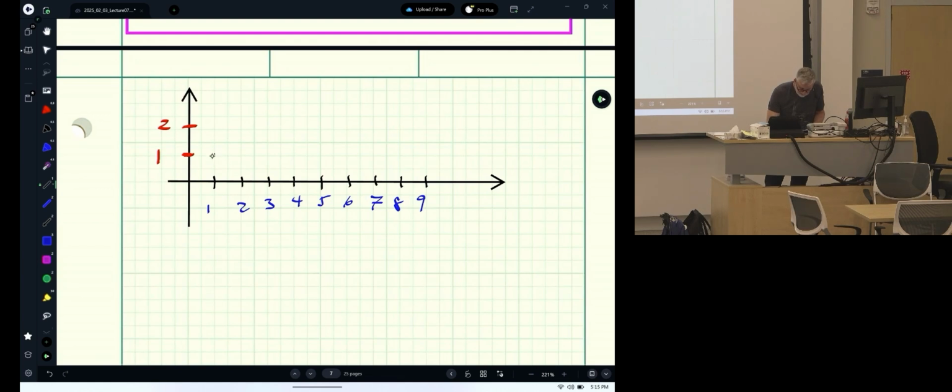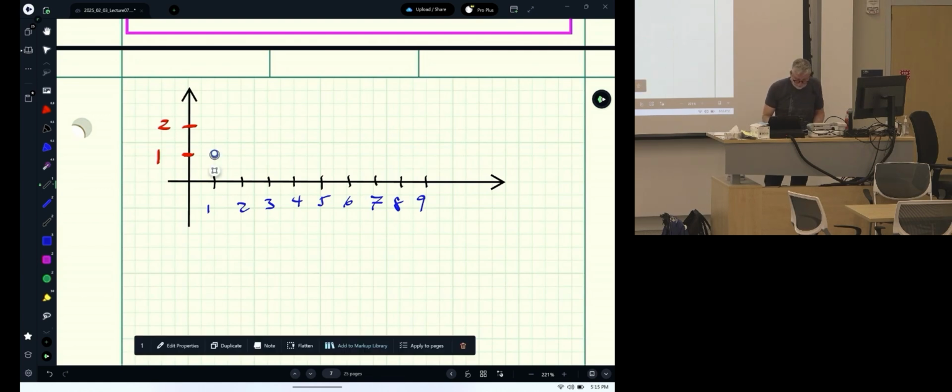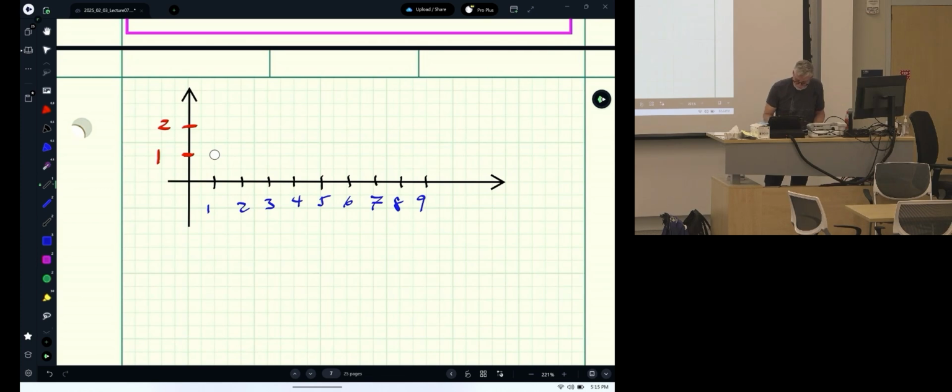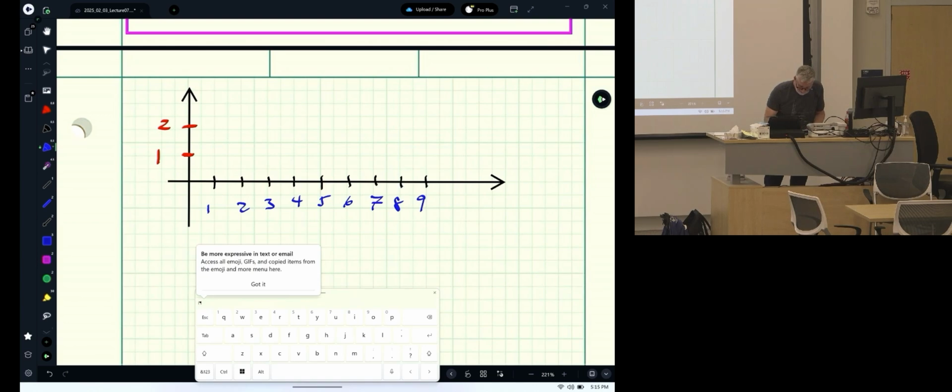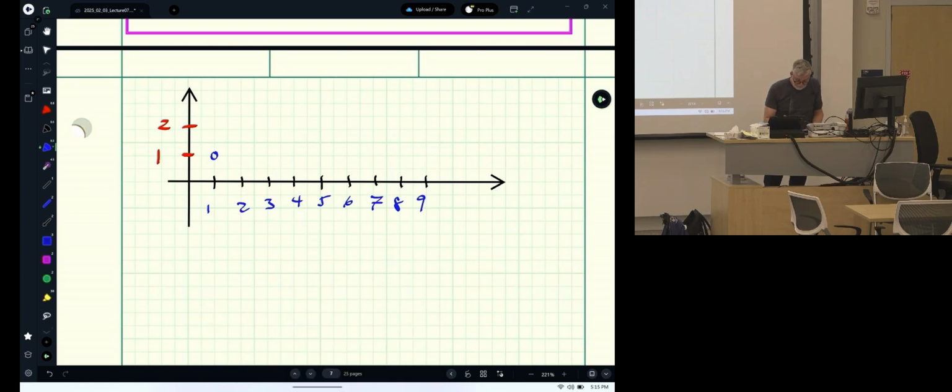Okay, so at 1, we're going to have one of these guys. And then I'm going to try to draw a straight line to roughly 3. So this is fine.